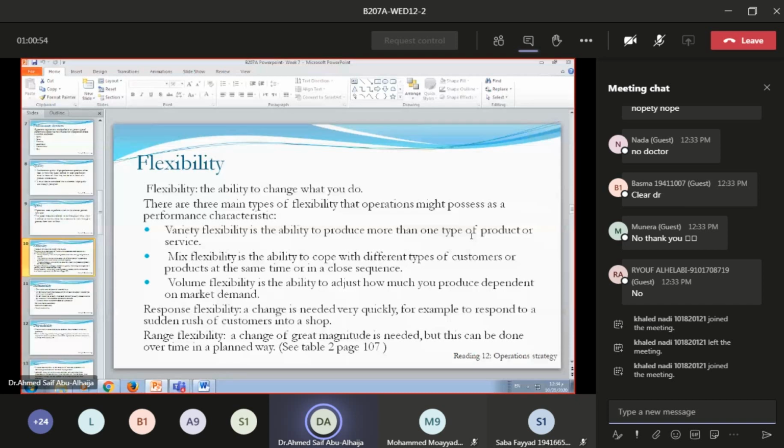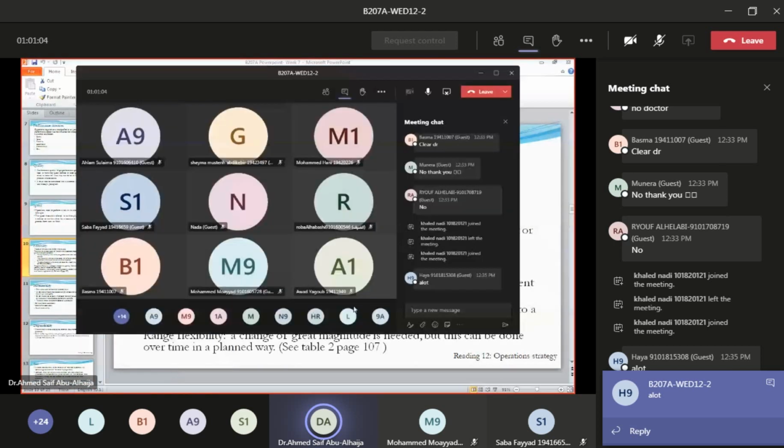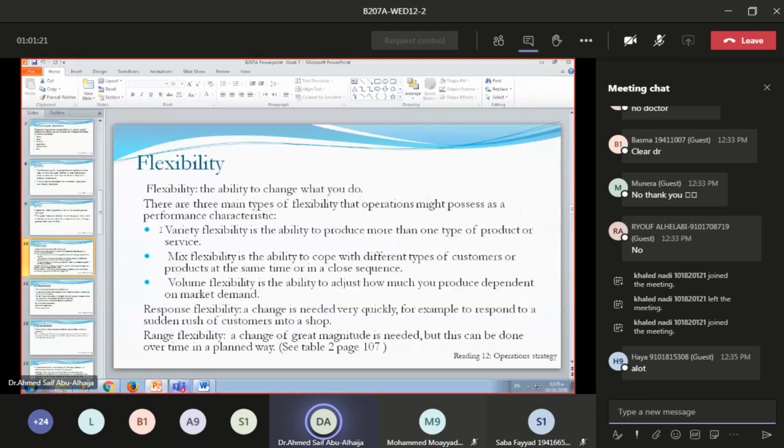How many types of microwave? I don't know if they produce it, but for sure they do. Different kinds. Why? Because there are different customers with different needs. So you try to have different products for different customers, so you can have more sales and more profits eventually.